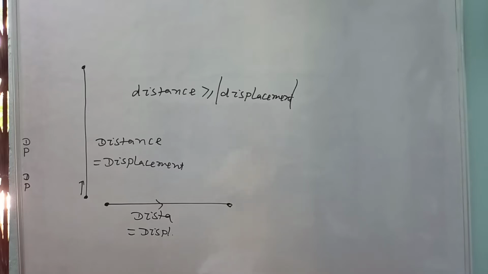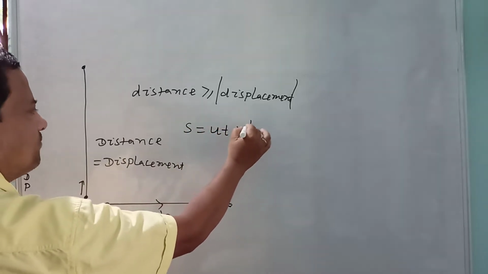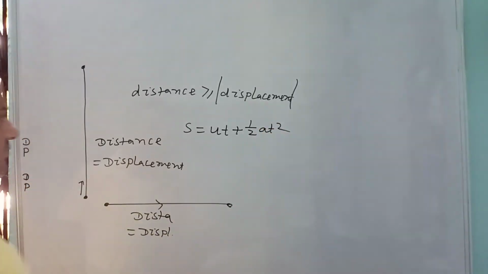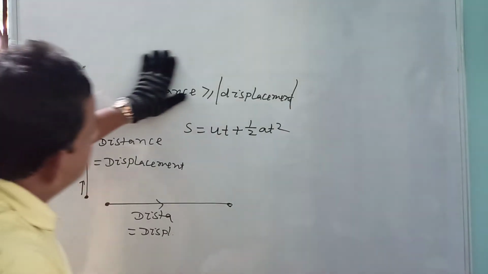Because the body moves in a straight line in one direction, and in that case your equation from school, S is equal to ut plus half at square, where S is the distance and also the displacement.